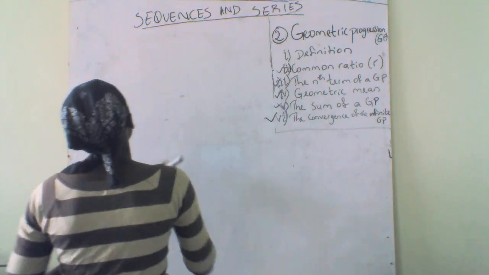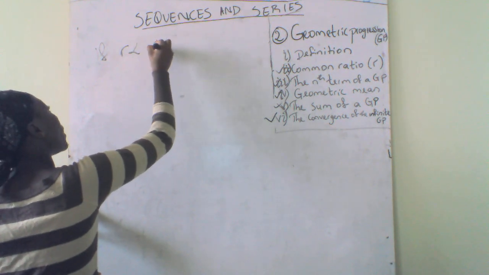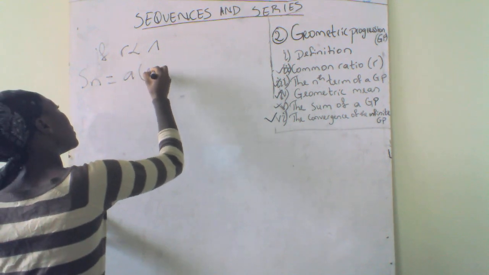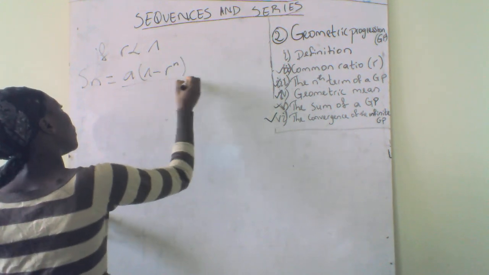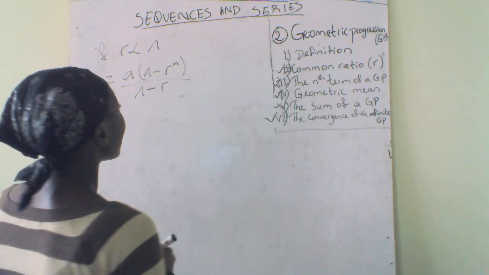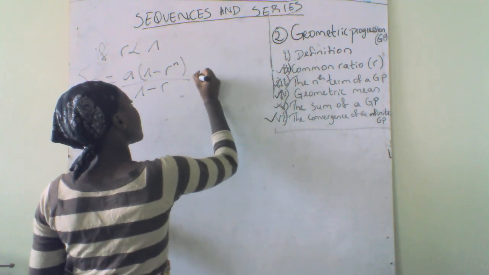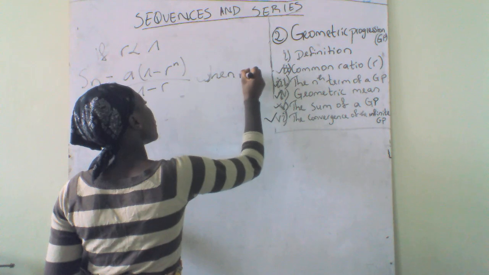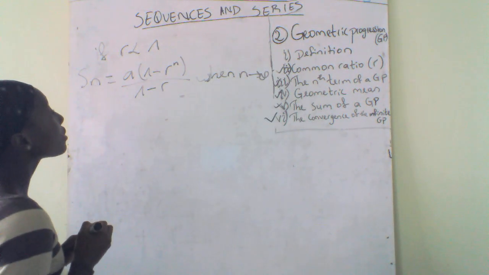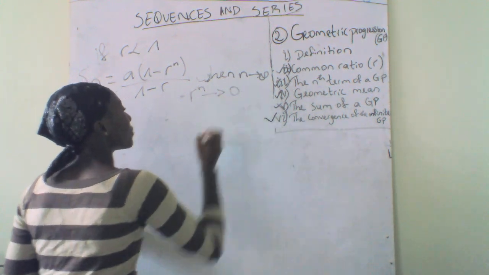But if r is less than 1, then Sn will be equal to a into 1 minus r^n over 1 minus r. Here, when n tends to infinity, r^n turns to 0.